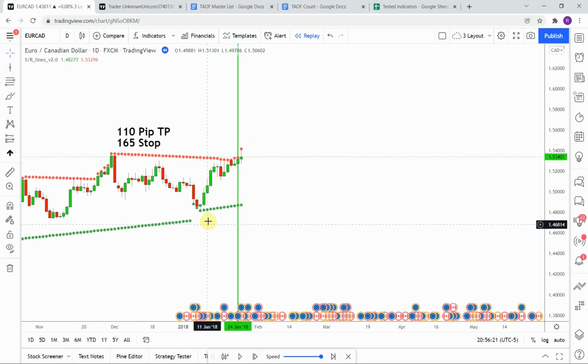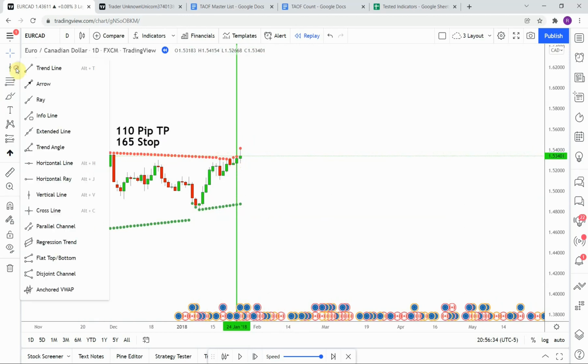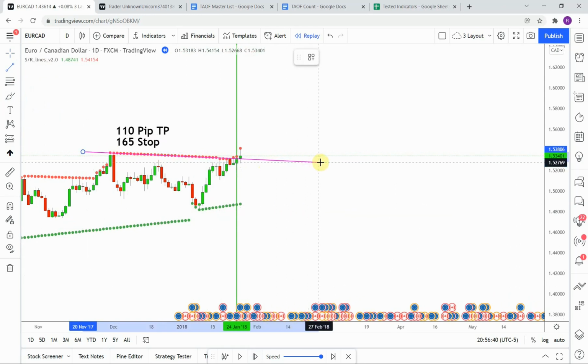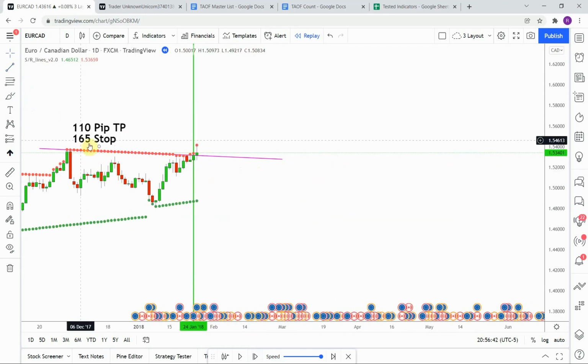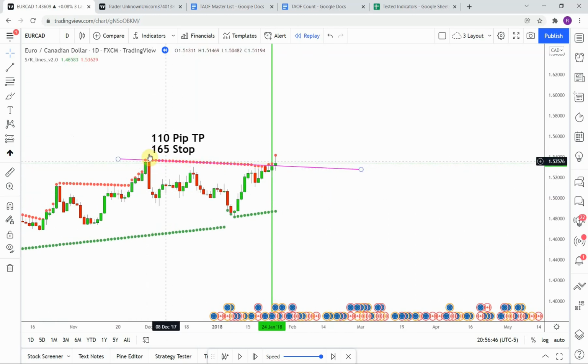Okay, so I don't know if you noticed, but right here you can see that it was building these dots, this support and resistance line, as we were moving forward. Then it started to build this one right here. Now what we're looking for is this line right here. You see how this line was formed by these dots.